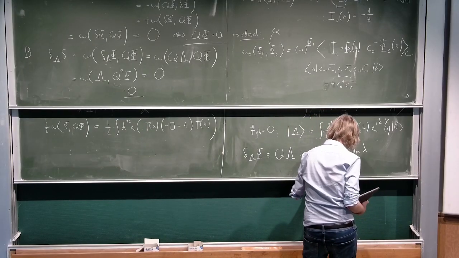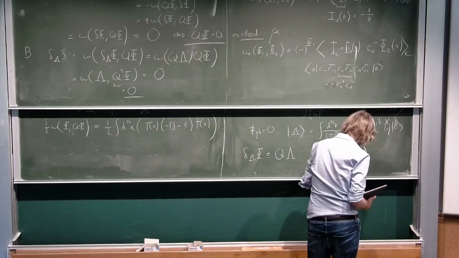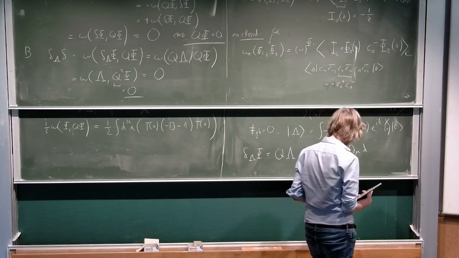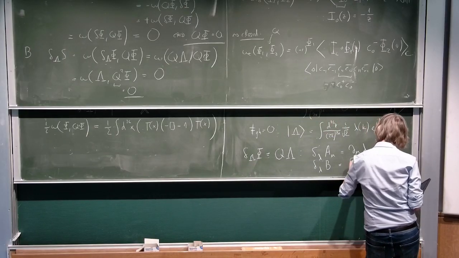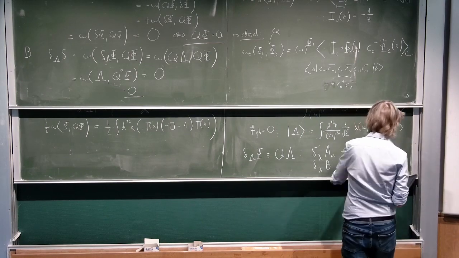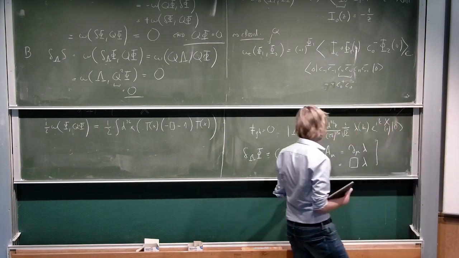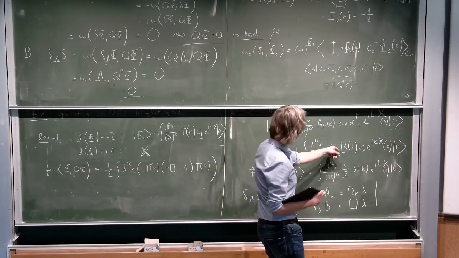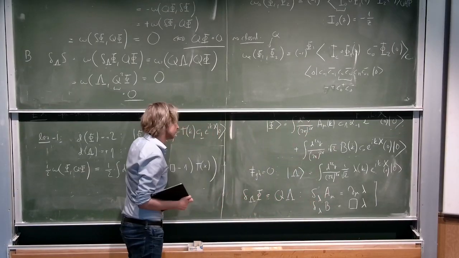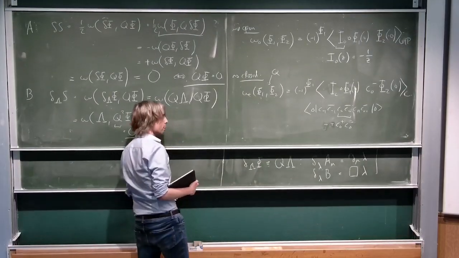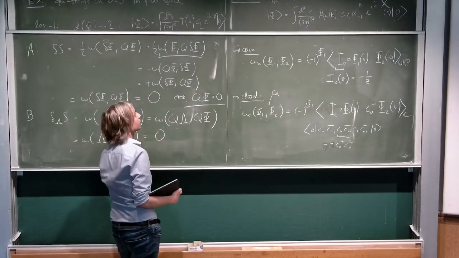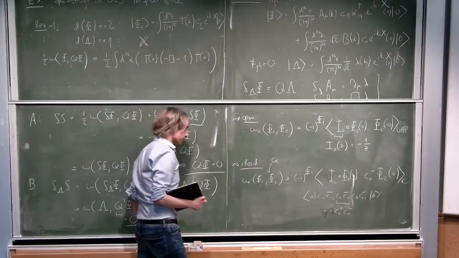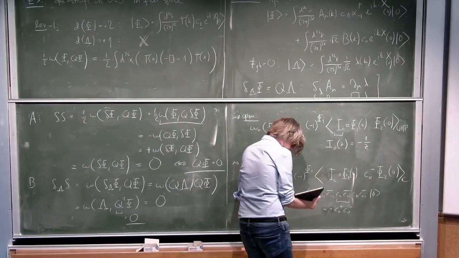But what you also find is that the gauge transformation of this B is the box of lambda. So now perhaps you start appreciating what the interpretation of this B is. It is precisely what we call the Nakanishi-Lautrup field. So that's the gauge transformation.